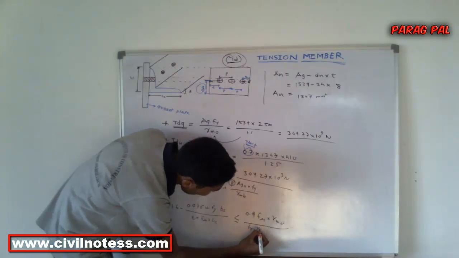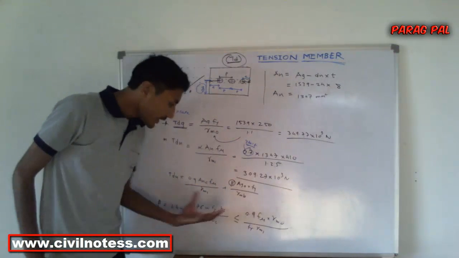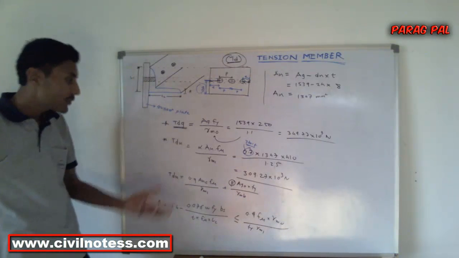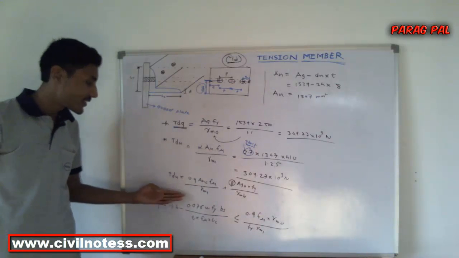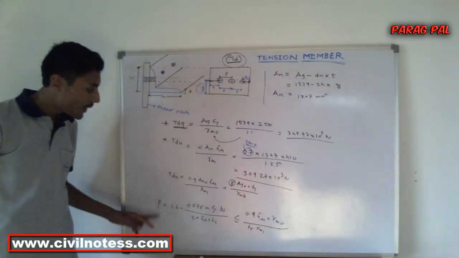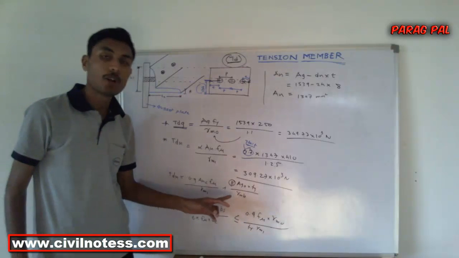When this relation is satisfied, then and only then you can take the value of beta. So instead of going for this long formula, first write down the TDN formula, then the beta formula, satisfy this condition, and only then place the value of beta there.